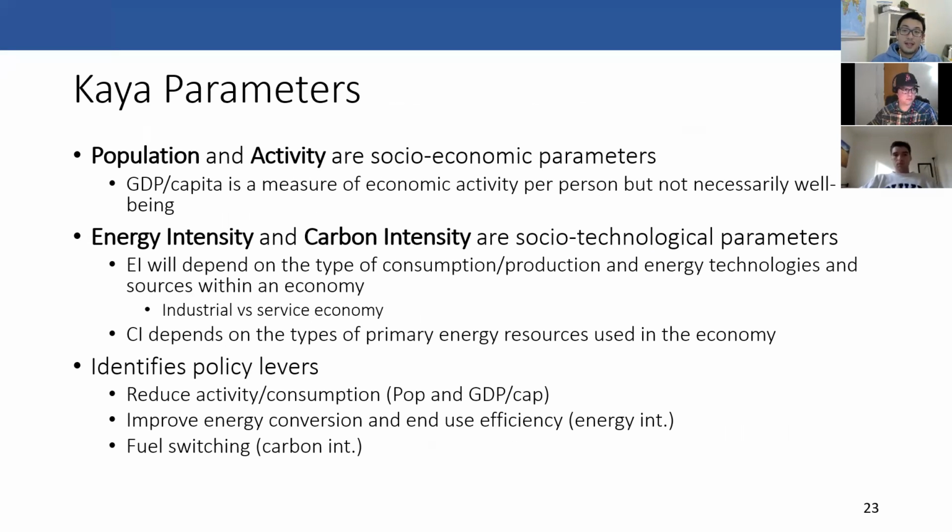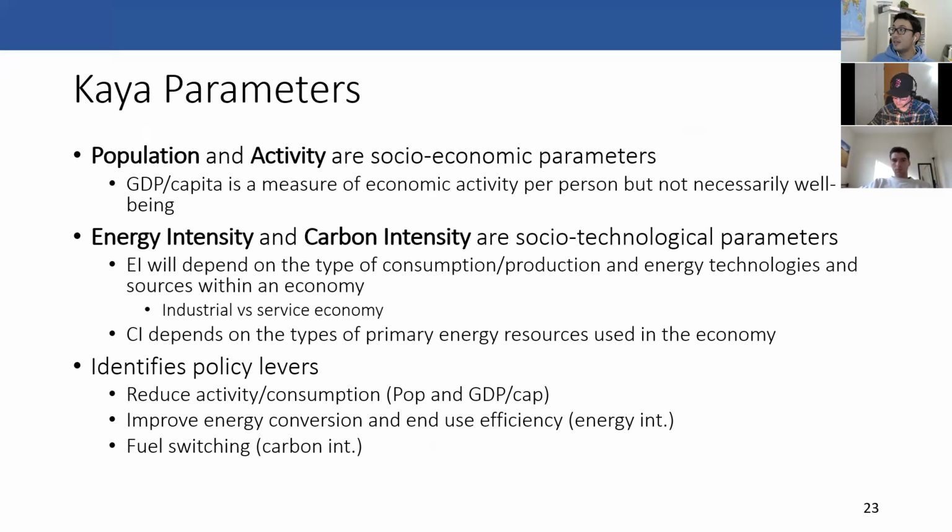Okay, and so let's talk a little bit about the implications of this Kaya identity. Population and activity are these socioeconomic parameters, right? And so GDP per capita is a measure of economic activity per person.